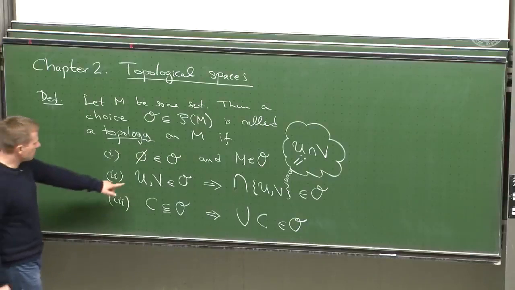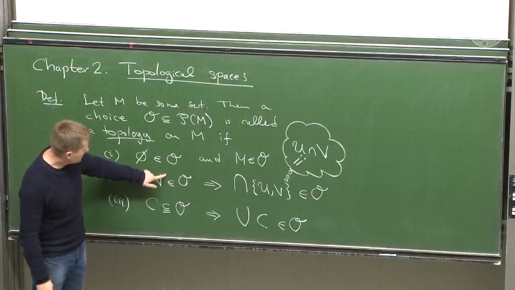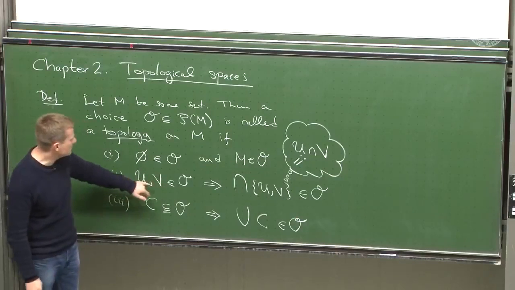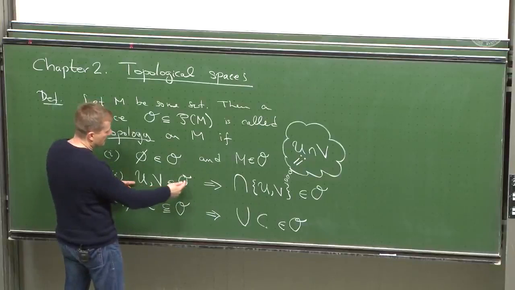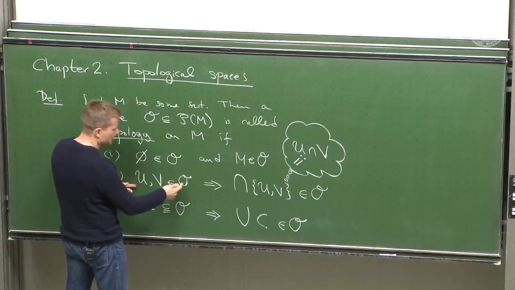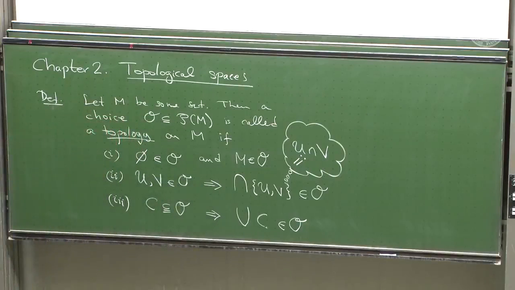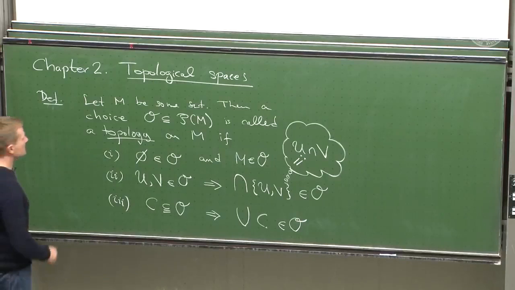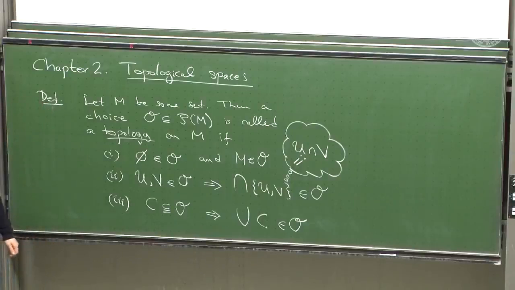We could have written this in a more parallel fashion if I had written curly brackets around U, V, that would then be a subset of O. Right. So if these three conditions are met, then the choice you made is called a topology. That's it. That's all.